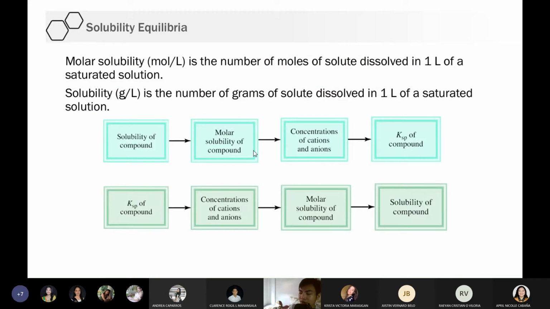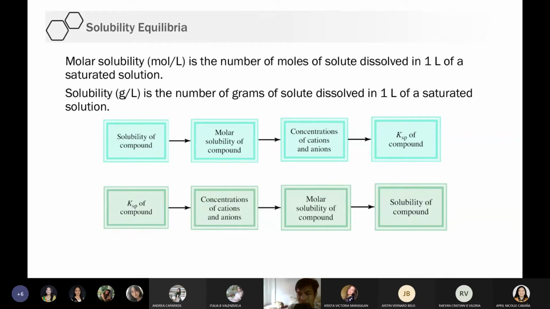Other terms that are used to describe the solubility of our precipitates are the molar solubility and the solubility itself. Now, when you say molar solubility, this tells us about the moles of the substance dissociated in the solution.